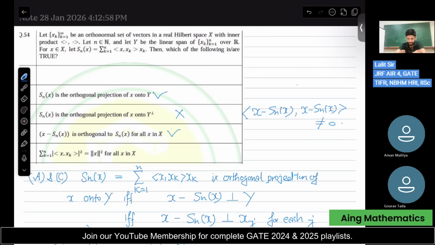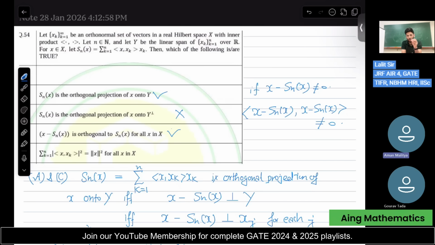We know that there are vectors for which x and Snx are different. Yes or no? Yes sir, there are vectors. Because x and Snx are equal if and only if x is in y, right?